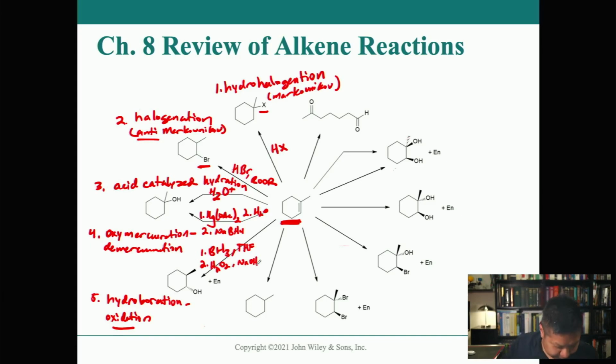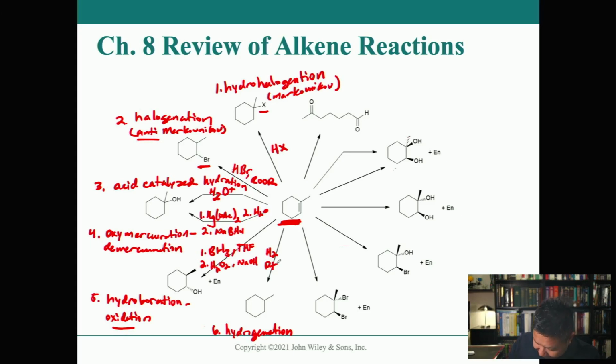The next reaction that we can get using this alkene is the hydrogenation reaction. That's number 6. Hydrogenation. And the only thing we need for hydrogenation is H2 and a platinum catalyst.